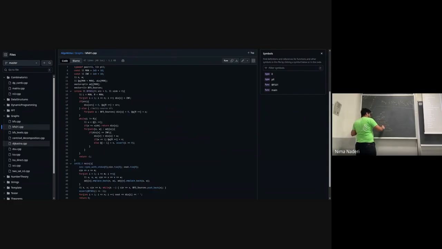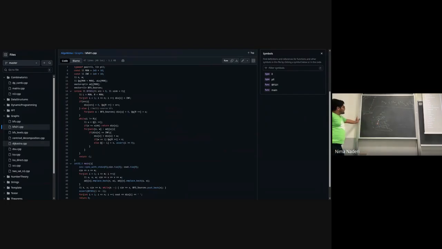These levels are the distances from the source. And the thing is that every edge in the graph is between two consecutive levels, because if it's not, we could just push them and have a shorter distance. So this is also a strong fact about all the edges in the BFS.